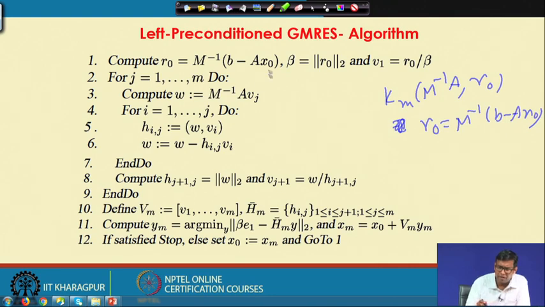So, wherever we have A it will be replaced by M inverse A, and initial r naught finding is that. Then the orthogonalization step will require finding w, which in GMRES was A v j.